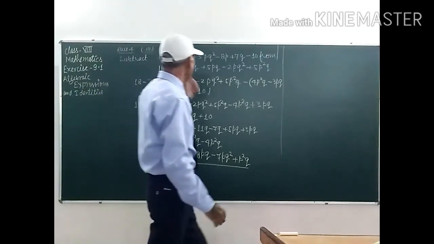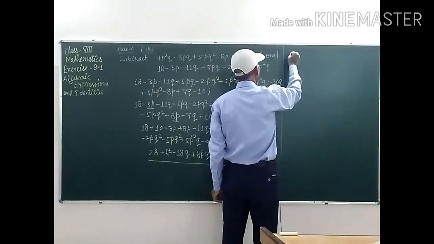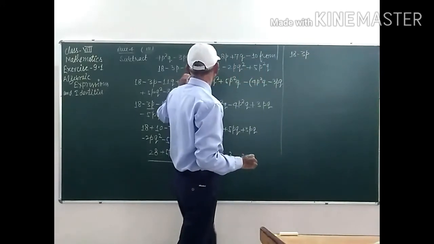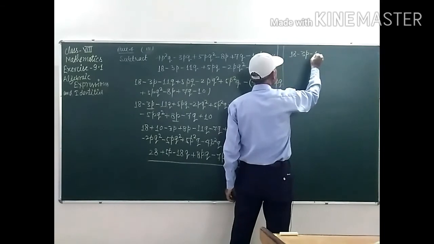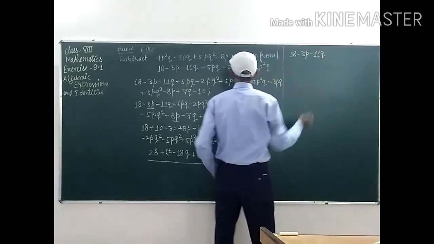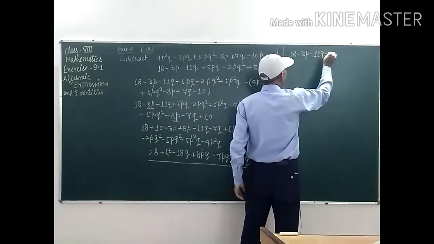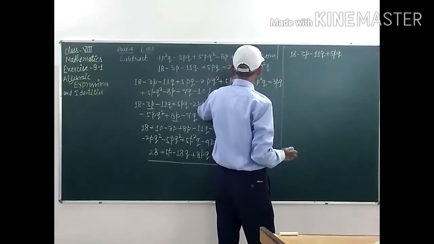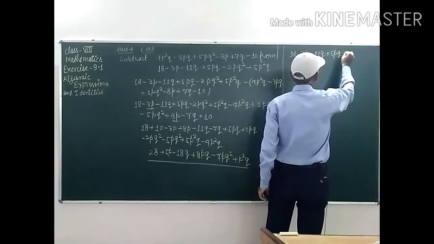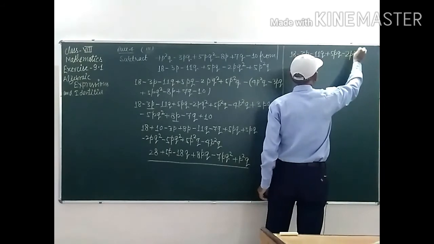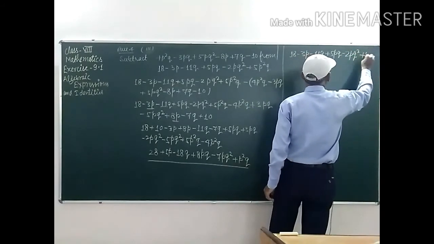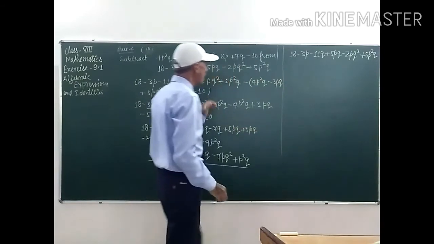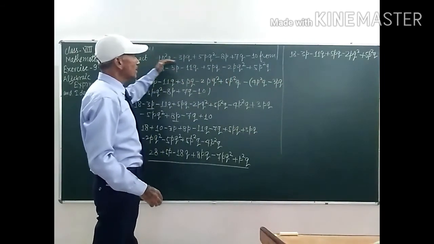So 18 minus 3p, minus 11q, plus 5pq, minus 2pq square, and plus 5p square q.